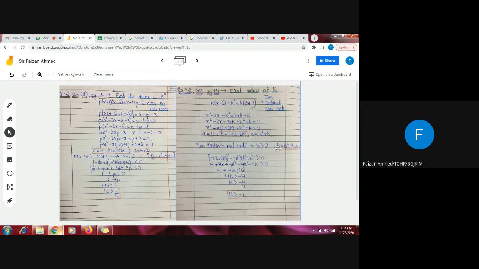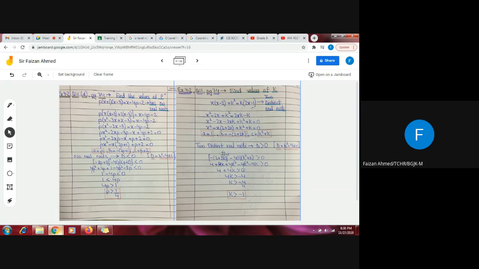The discriminant can be calculated by the formula b square minus 4ac. Again, the value of b is minus bracket open 2 plus 2k, so I will write it like this: whole square minus 4. a is 1, so I will write 1 in the bracket, and then k, and then c is basically k square plus k greater than 0.